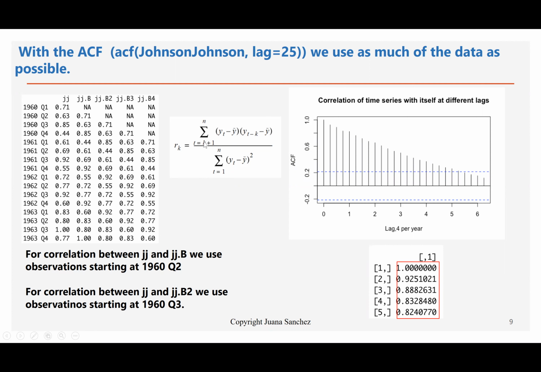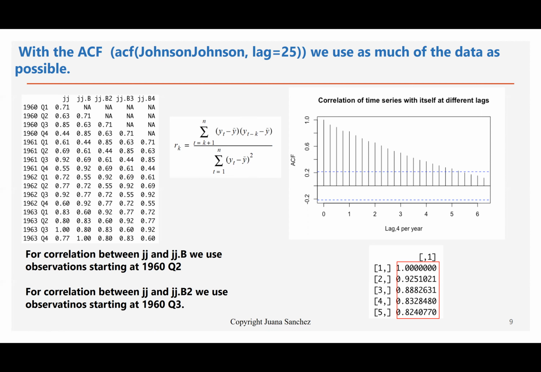Notice how we are calculating the top of this ratio, the numerator, is different from the numerator in the Pearson correlation coefficient. And the denominator is also different from the Pearson correlation coefficient. In the autocorrelation formula, we just divide by the sum, using the whole time series, t equal 1 to n of YT minus the sample mean of the time series.